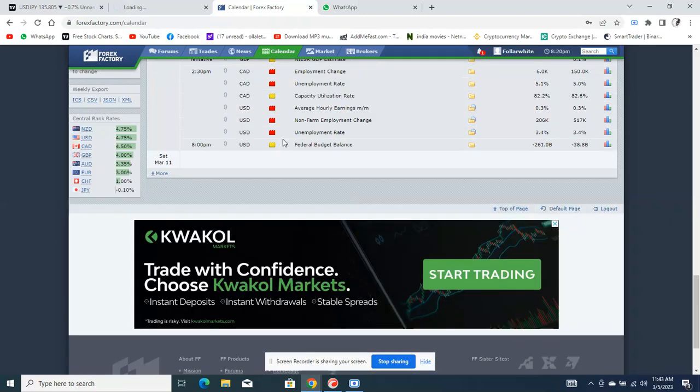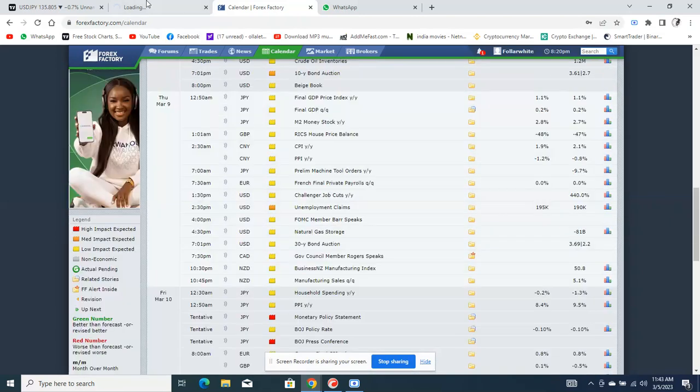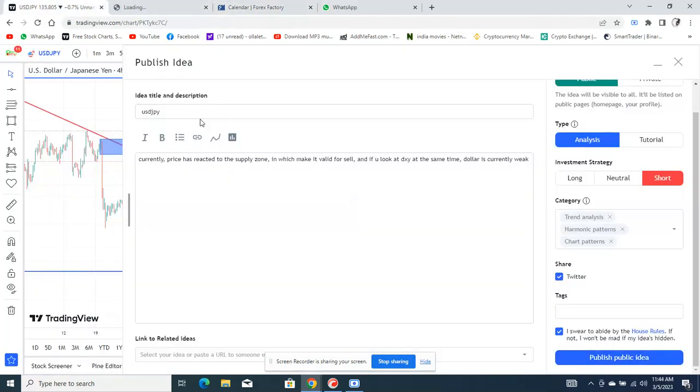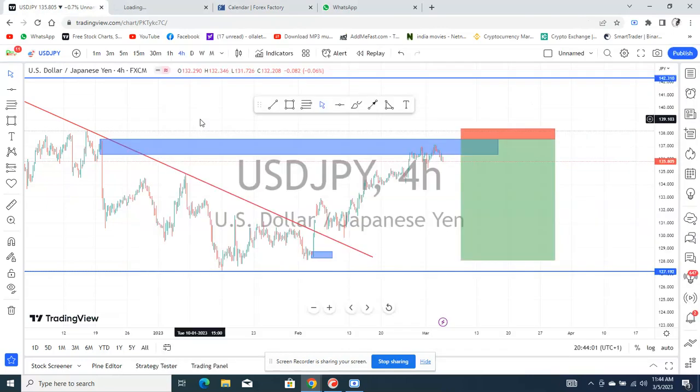We are having impact news coming this week, but before the impact news comes, we should trade and make some money. We should take advantage of US dollar weakness. Now let's check gold.